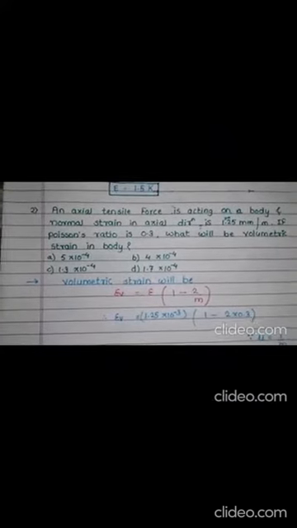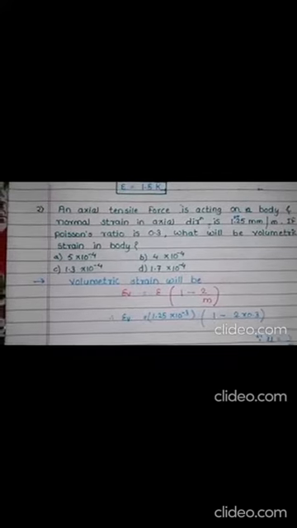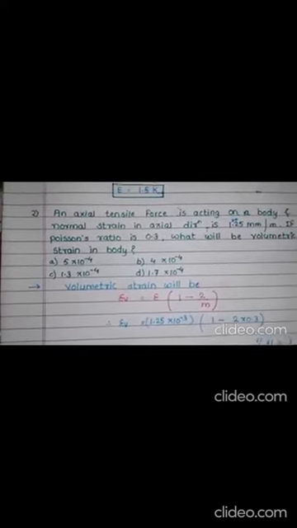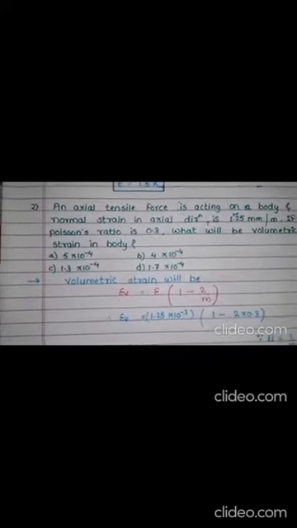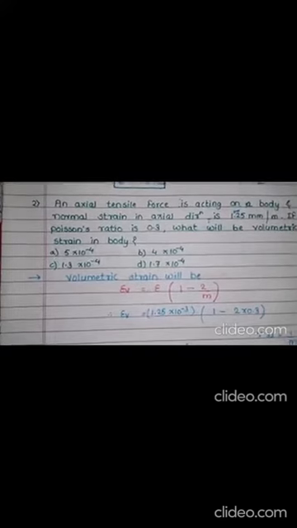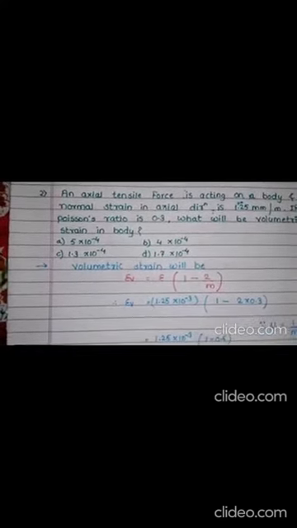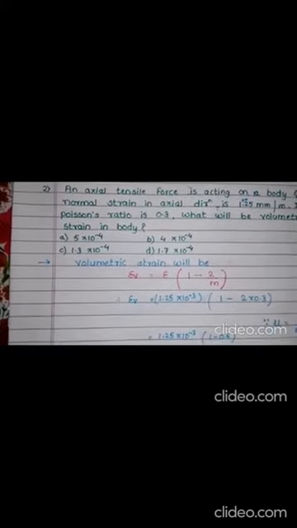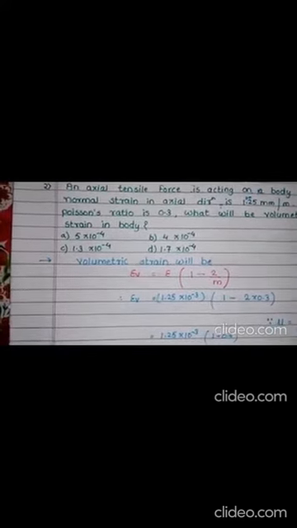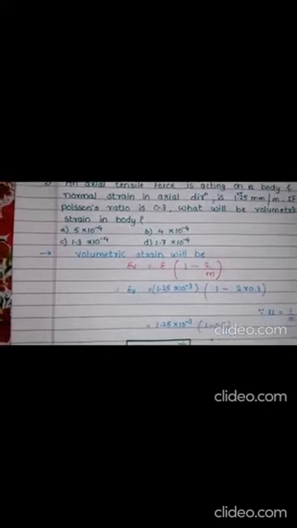Moving towards the second question, an axial tensile force is acting on a body and the normal strain in the axial direction is 1.25 mm per meter. If the Poisson's ratio is 0.3, then what will be the volumetric strain in the body? The volumetric strain will be given as epsilon V is equal to epsilon into 1 minus 2 by m. Here 1 upon m means mu.